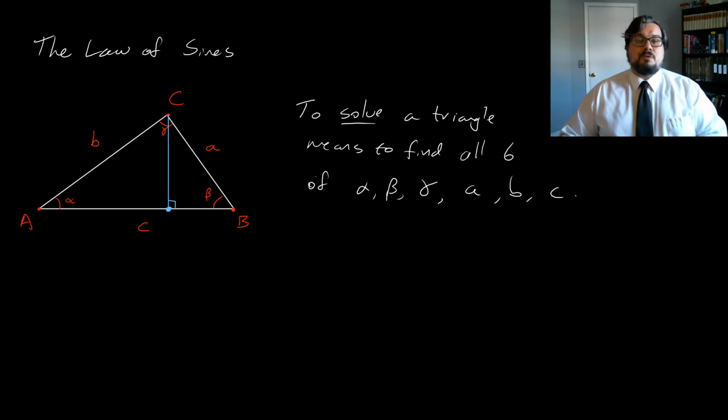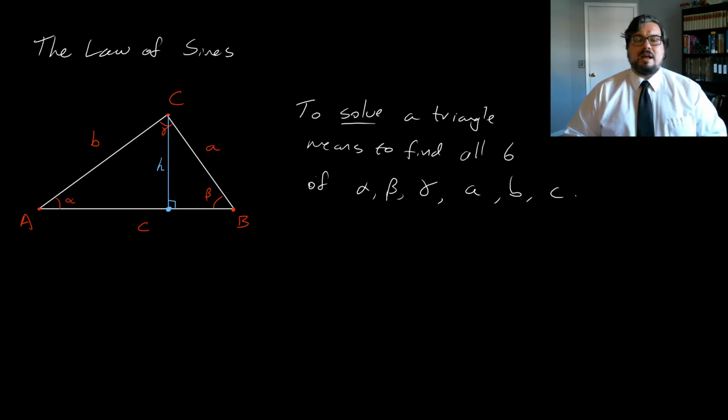You can look in the book for an illustration of how this reasoning we're about to do works when the blue line here doesn't actually intersect the segment AB. The argument is going to go basically the same. Only minor differences are required. Let's give this blue segment length the label h.